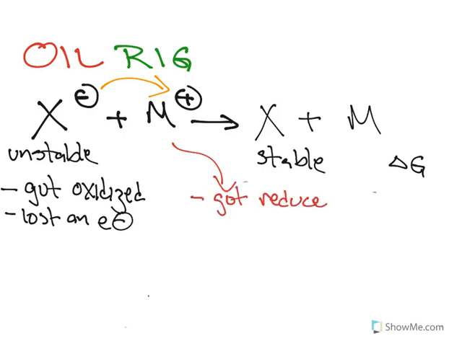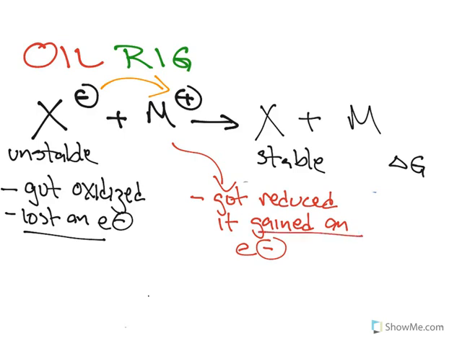It got reduced because it gained an electron. So X got oxidized because it lost an electron, and M got reduced because it gained an electron. OIL RIG. This is oxidation reduction, where the loss of electrons is paired with the counter gaining of an electron.